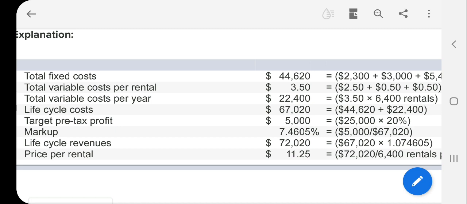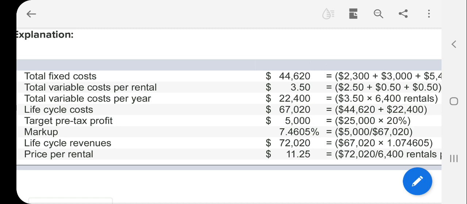The 74605 is the markup. So the life cycle revenues that the business has to get in 1 year is $70,020.